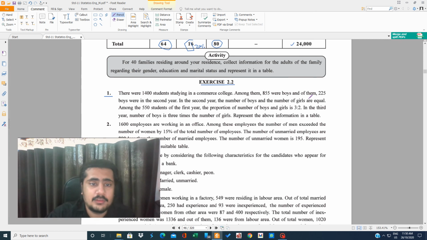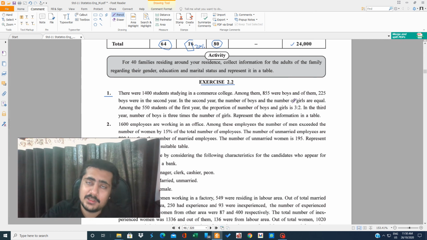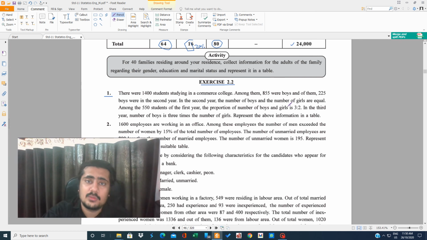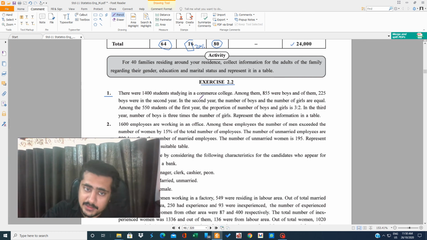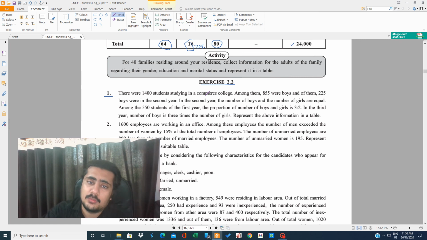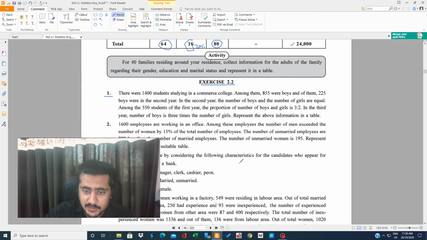Among 550 students in the first year, you can see the variable first year, second year, and there will be third year also. Boys and girls are there. And commerce is actually not the variable. Commerce is the whole, so there is no table of commerce. The table will look like this, as I am drawing here. There is one variable of year in which three rows will be formed: first year, second year, and third year.